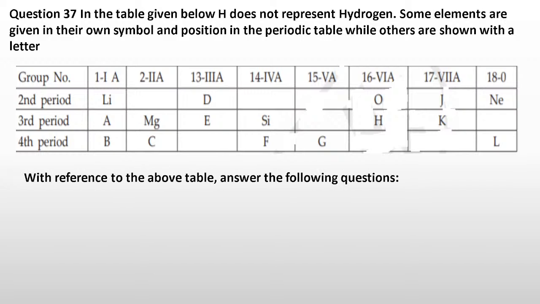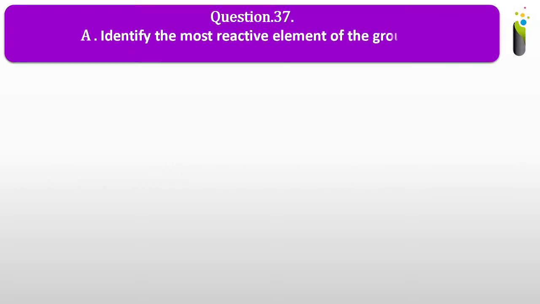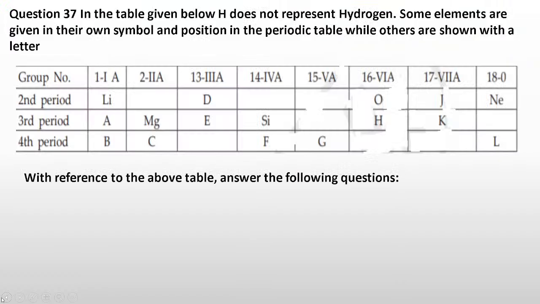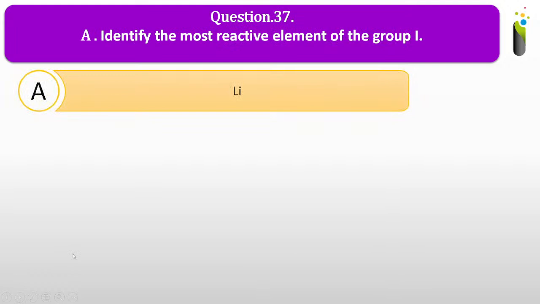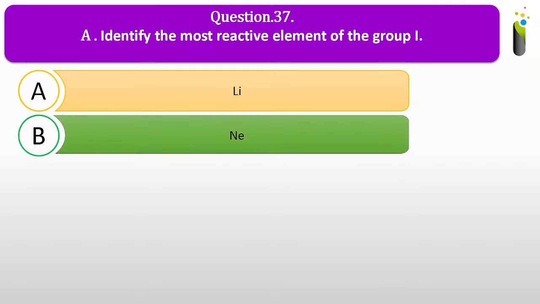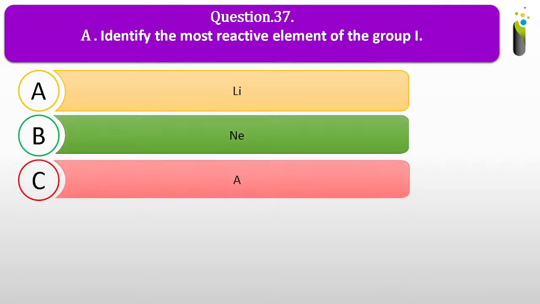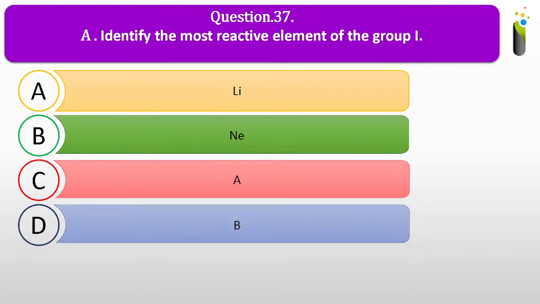With reference to this table, the question A is, identify the most reactive element of group I. I will show you the table once again. Which is the most reactive element of group I? A, is it lithium? B, is it neon? C, is it A? D, is it B?